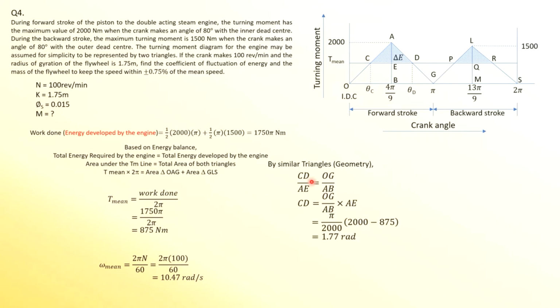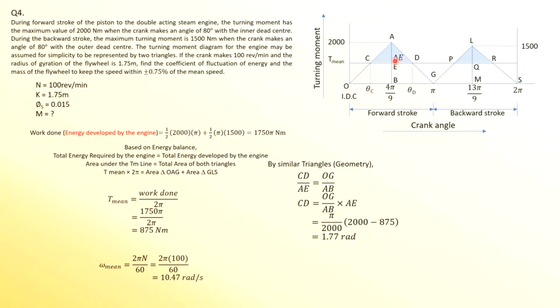You can take CD over AE or AE over CD, it's up to you. If you take CD over AE, CD is the horizontal length, so you must equate it to the larger triangle's horizontal length, OG, over the vertical length AB.